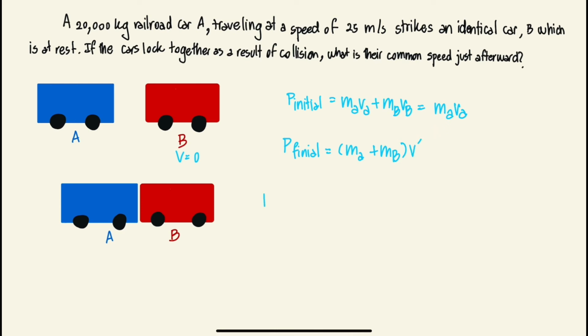We know that P initial is equal to P final, so we can equate both equations: mAvA equals mA plus mB times v prime.